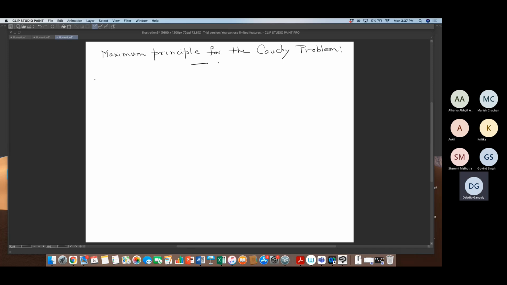I will tell you what. Let u be in C^2_1 of R^n cross (0, T]. You know what is the meaning of that. u is a function of (x, t): in the x variable it is a C^2 function, and in the t variable, in the interval (0, T), u is a C^1 function.